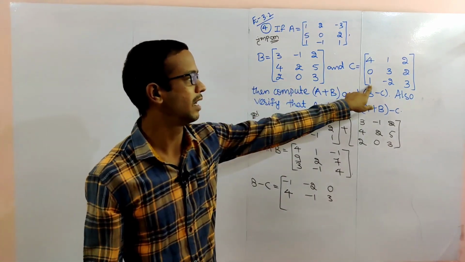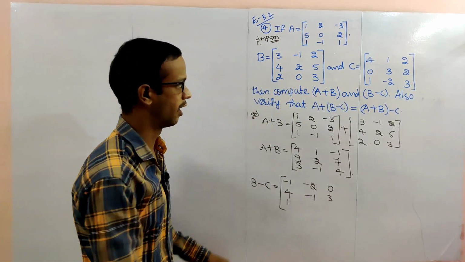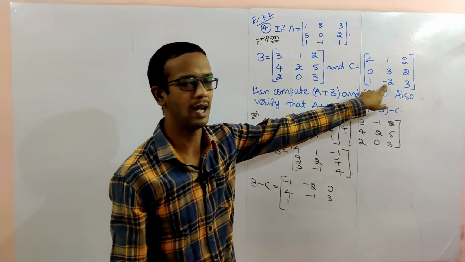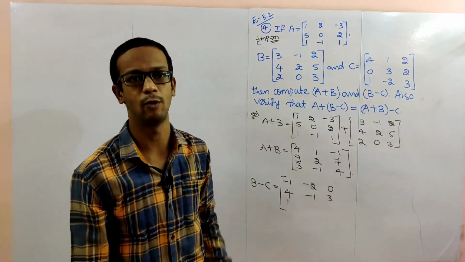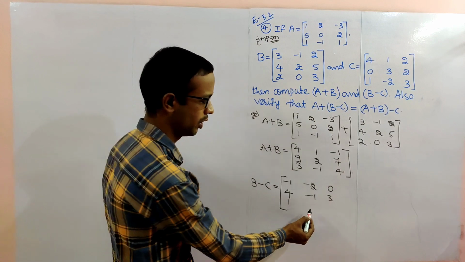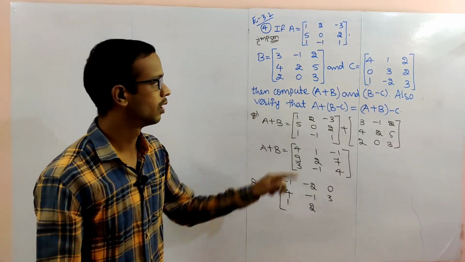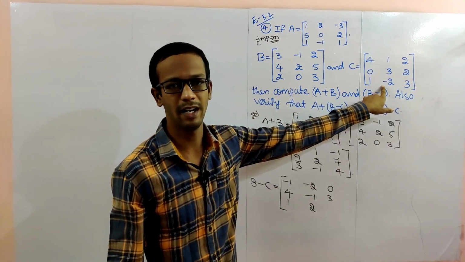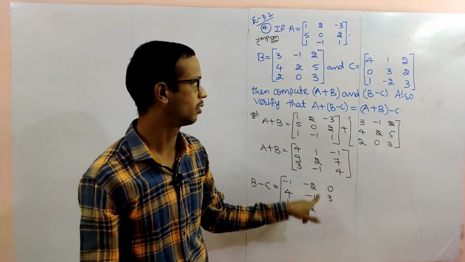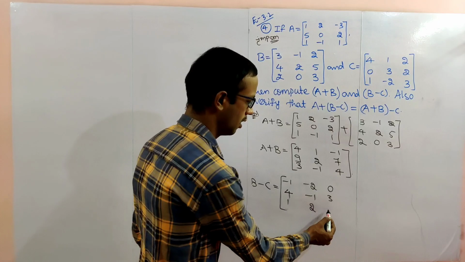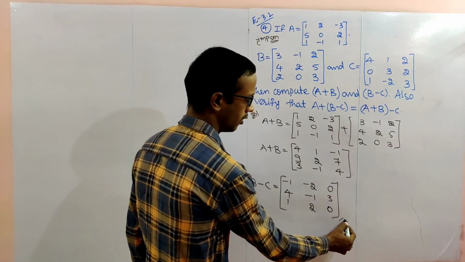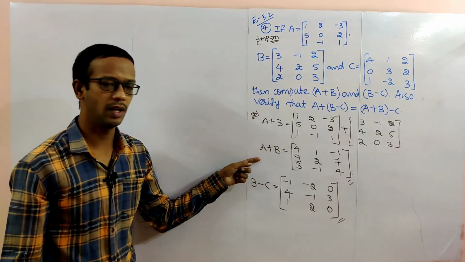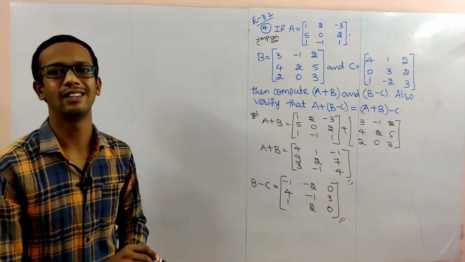Next, 2 minus 1 is 1. 0 minus of minus: in subtraction the sign will be changed, so it will be plus. 0 plus 2 is 2. 3 minus 3 is 0. So this is the A plus B value, and this is the B minus C value.